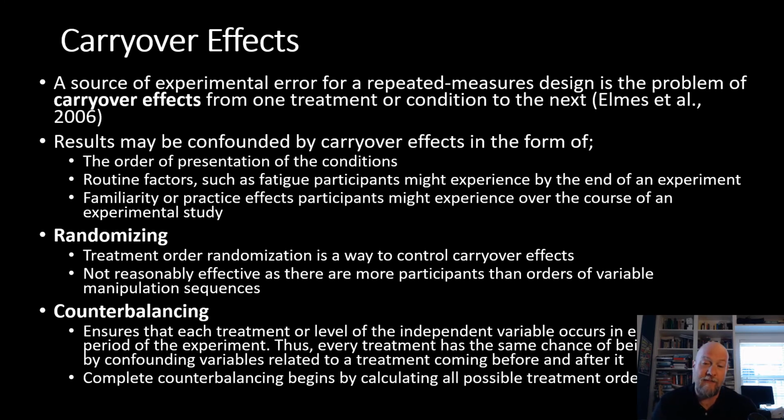It might be they become more familiar with the measurement or there's a practice effect. And so as a result, they're just scoring better no matter what because they've seen the test multiple times. Or it might be that whatever your manipulation is has this build-up effect where whatever happened in treatment A carries over into treatment B and is still influencing their performance.